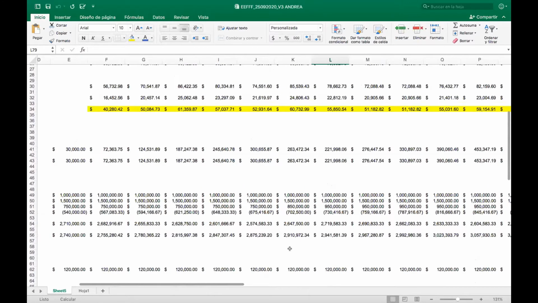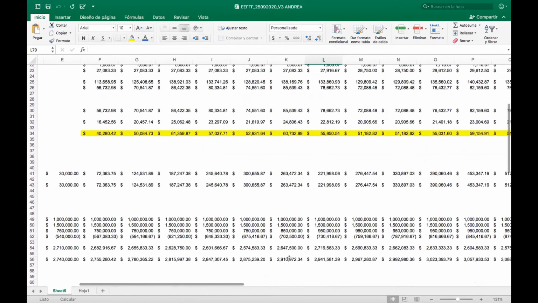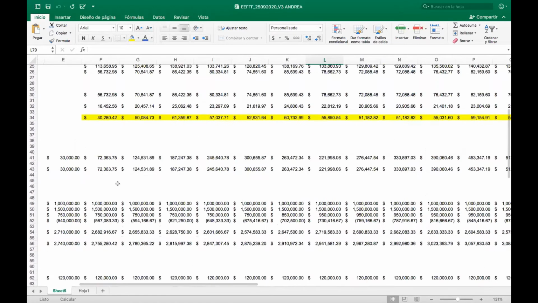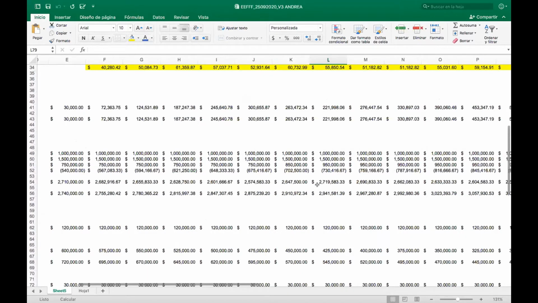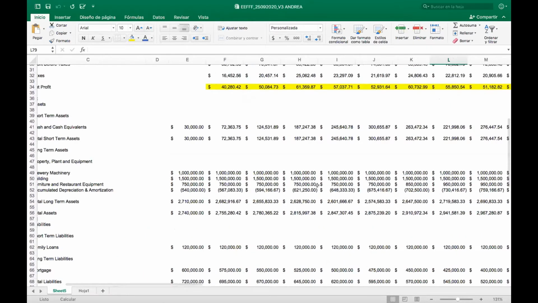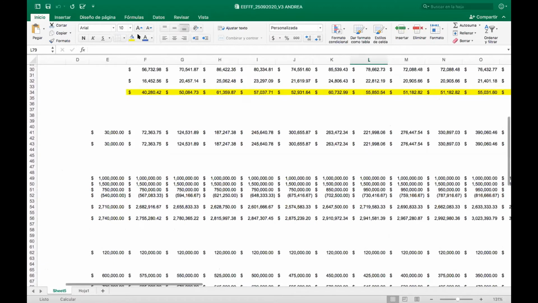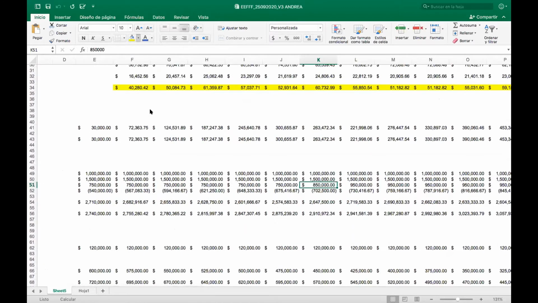Go to the assets. Remember, property, plant, and equipment. That's what you are trying to analyze. Property, plant, and equipment are the assets, like the value of the assets. And you can see 1 million, 1,500,000, 750. You see them? And then you see how it changes, right? On column K, it goes from 750 to 850. And then it goes again up to 950. What is that?